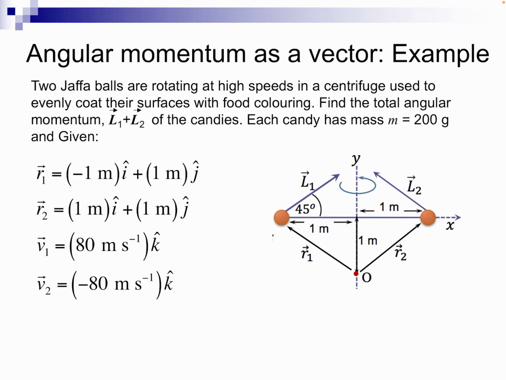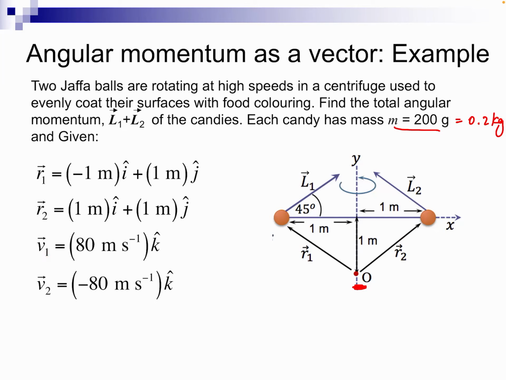Each candy has a mass of 200 grams or 0.2 kilograms, and we are given here the position vectors. This is the rotational axis O, and from the rotational axis, the Jaffa ball is rotating in this way, and the linear velocities of the Jaffa balls are given.